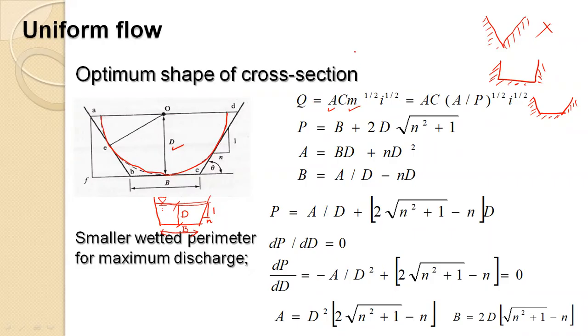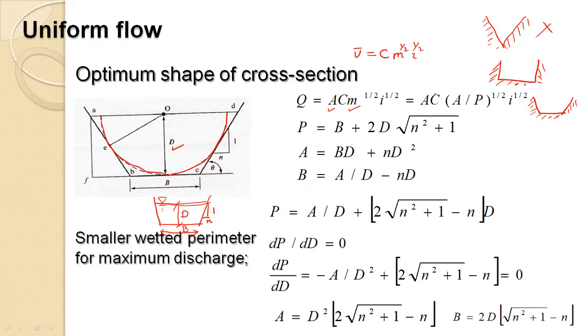Now we know that Chezy's formula gives the average velocity as C into m to the power of half, which is the square root of the hydraulic radius, and then I to the power of half. I, if it is uniform flow, is your bottom slope, right? So m to the power of half, I to the power of half.